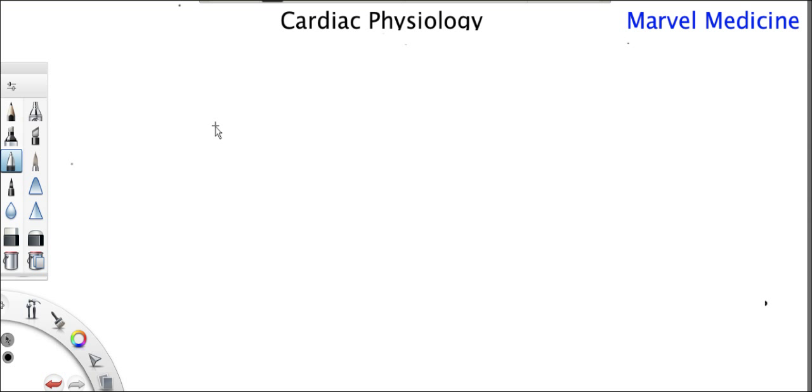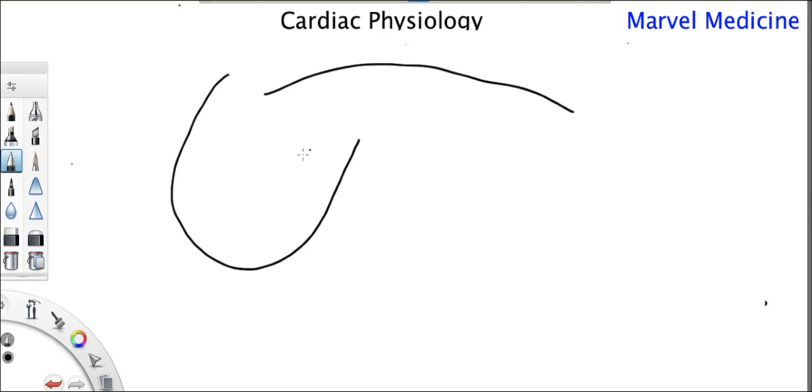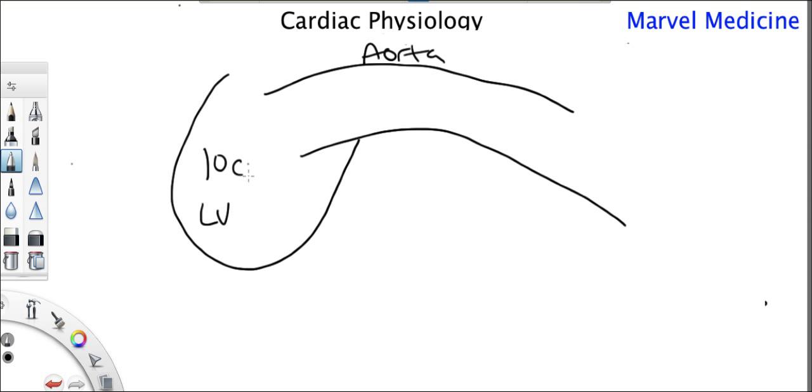Okay. So, if I have my ventricle here, I'm just going to draw it very simply. And if I have my aorta coming out through here, okay, simple picture. Aorta, this is my left ventricle, right? Let's say I have 10 cc's of blood in here, and usually I send out 5 cc's of blood into the aorta, right?